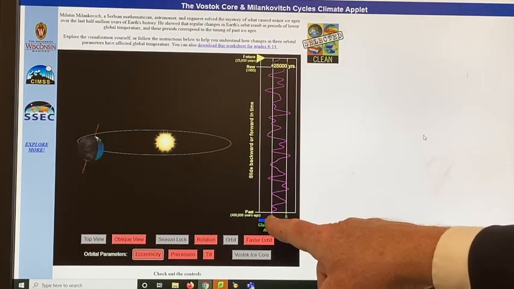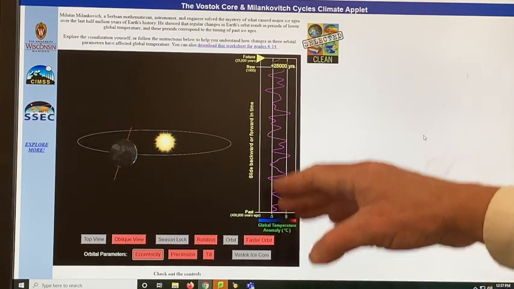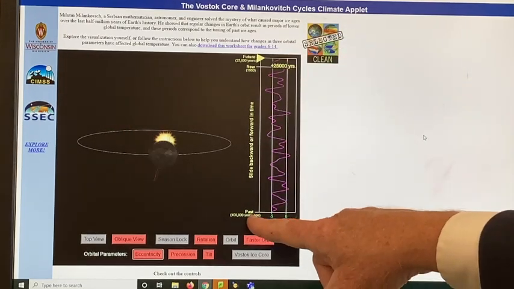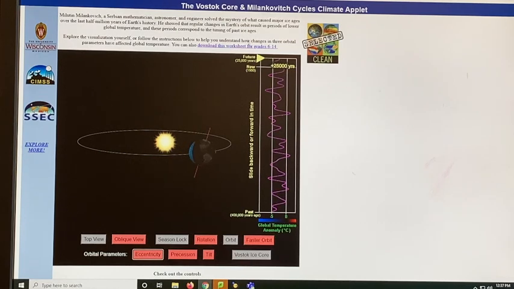So it can be colder than normal, warmer than normal, this goes back 400,000 years. So we put all these together. We had a time period 20,000 years ago in the Ice Age when it was much colder than normal. We had a period of 125,000 years ago when it was warmer than normal.